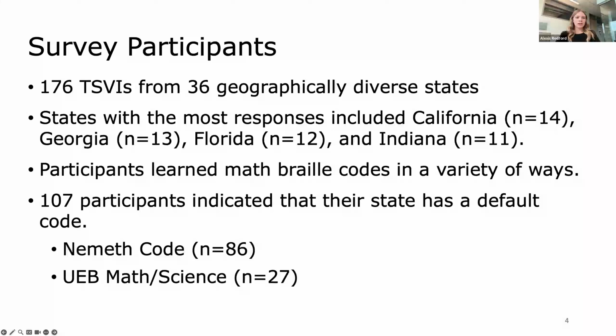Additionally, we found that 107 participants indicated that their state has a default Braille code. We found that 86 TVIs primarily use the Nemeth code in their locations, and 27 TVIs use UEB Math and Science in their locations.